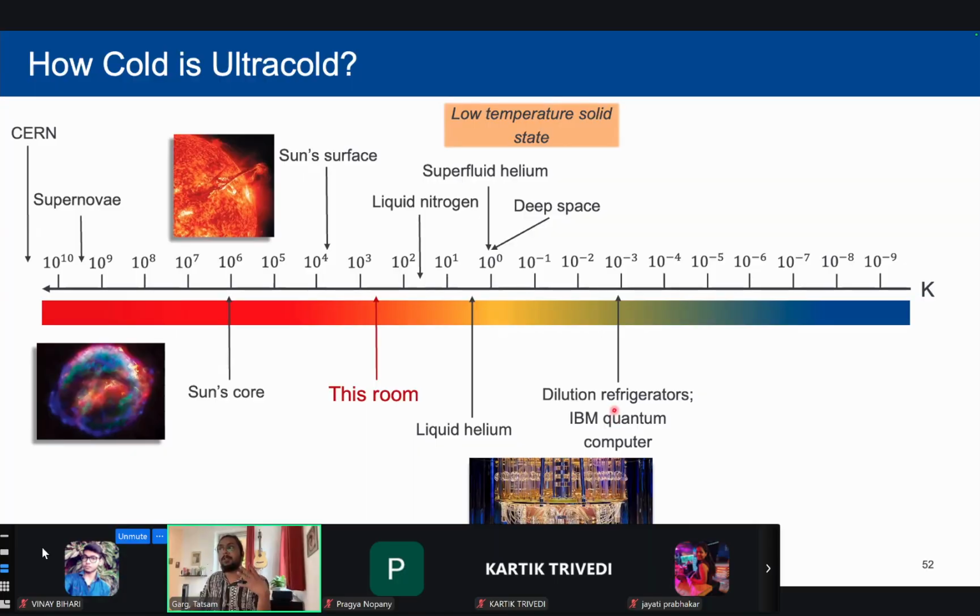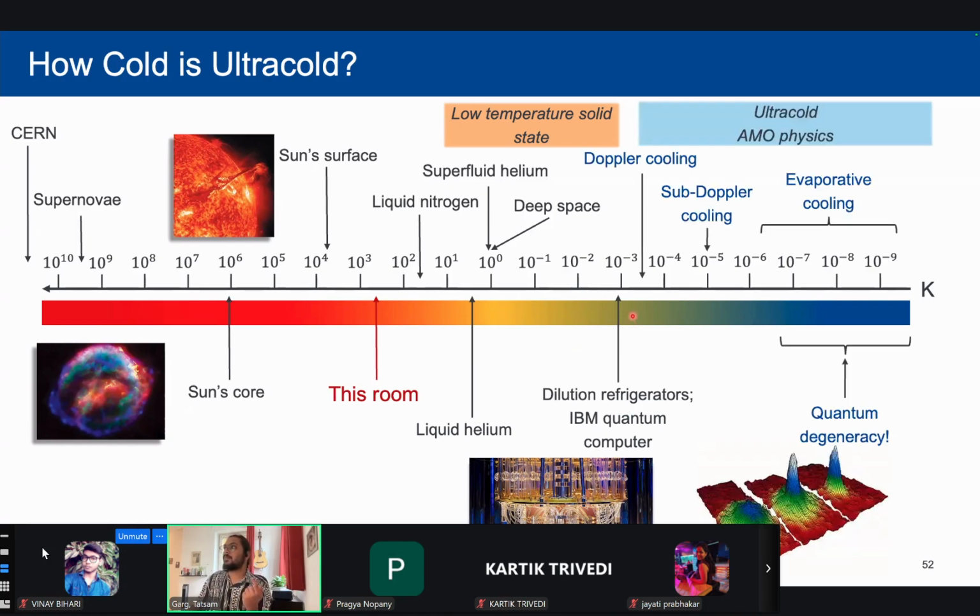These fancy dilution refrigerators that you see in all these pictures of IBM quantum computers rely on the millikelvin regime. So this thing you see in these pictures from IBM is actually not the quantum computer. This thing is actually the refrigerator that they need to reach these temperatures. The computer itself is a tiny chip that sits somewhere under this thing.